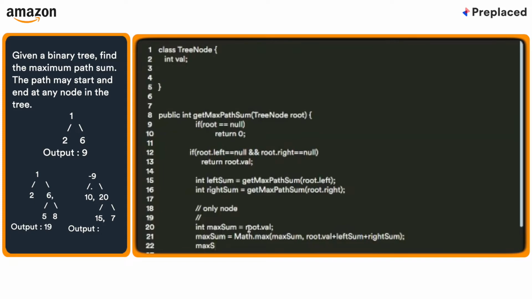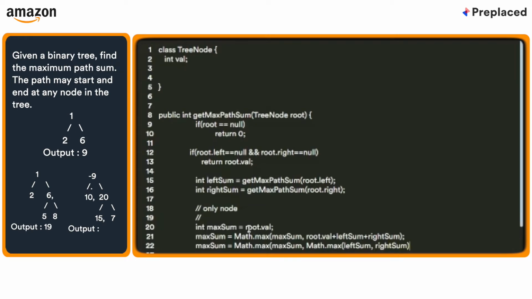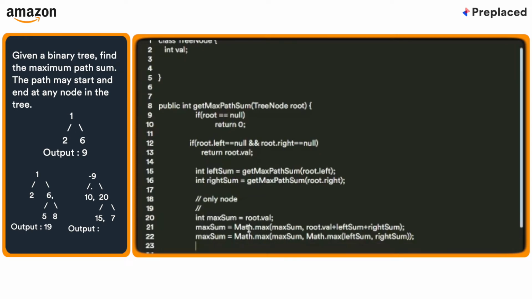Then whatever max sum comes, I have to evaluate it with the maximum of left and right only. That is another evaluation, left sum, comma, right sum. So only root could be maximum, which I have taken here.